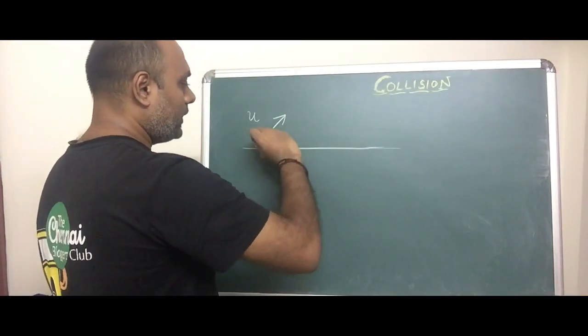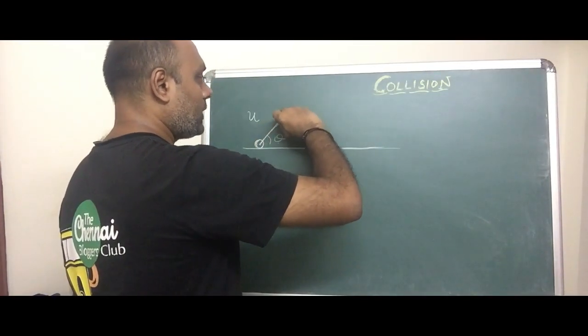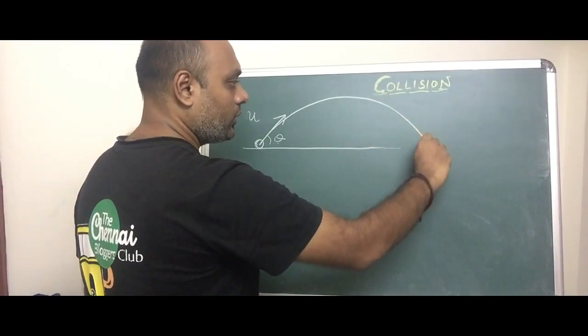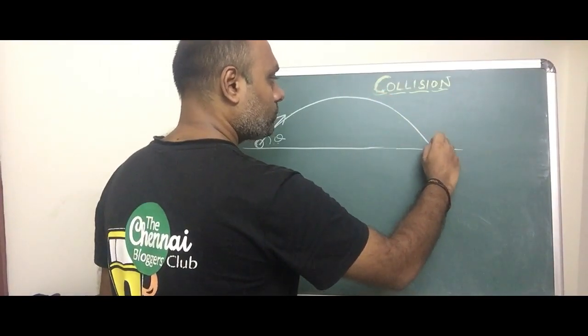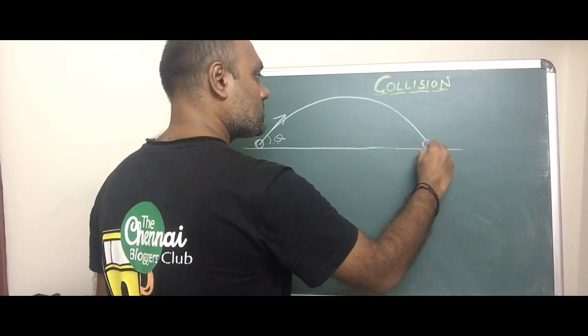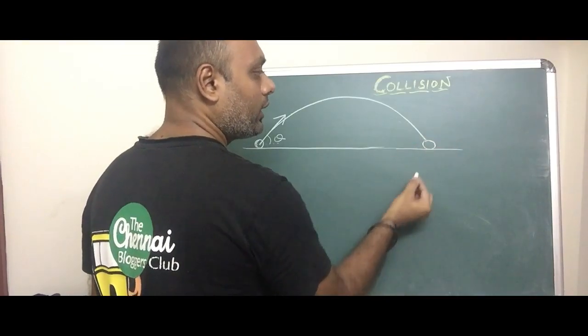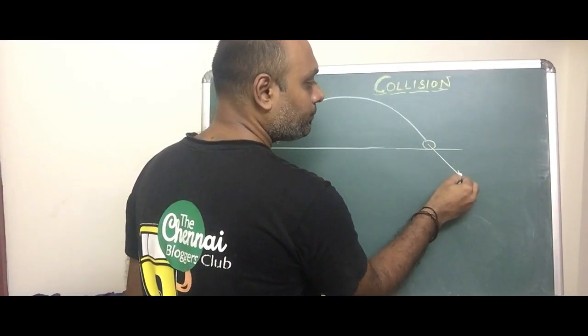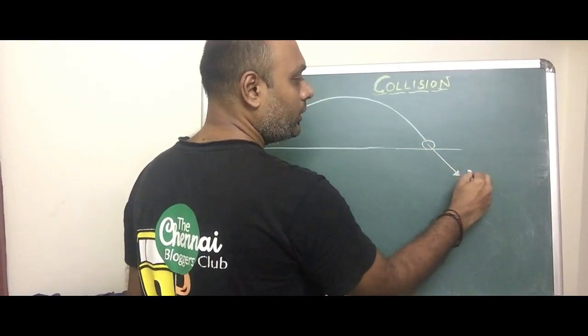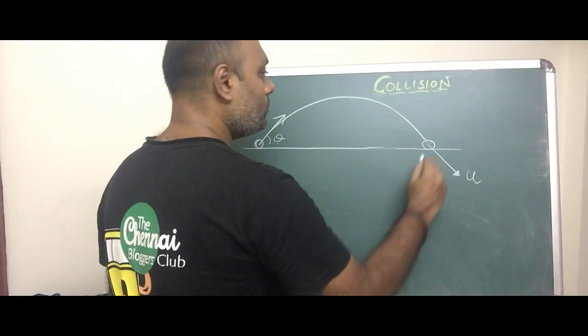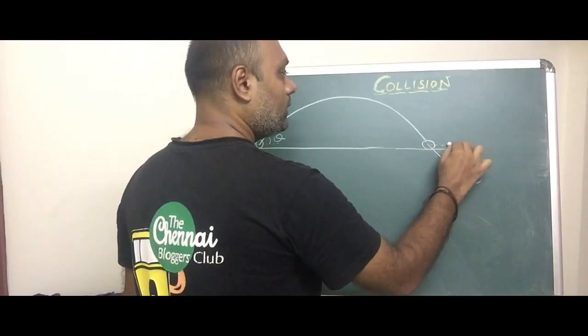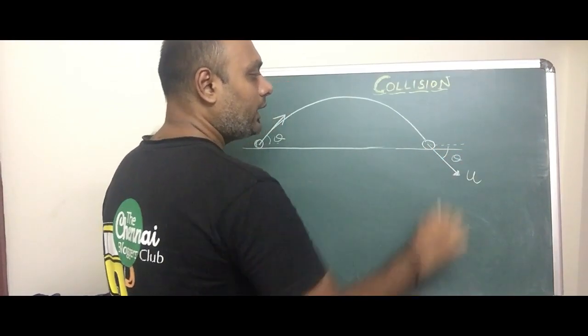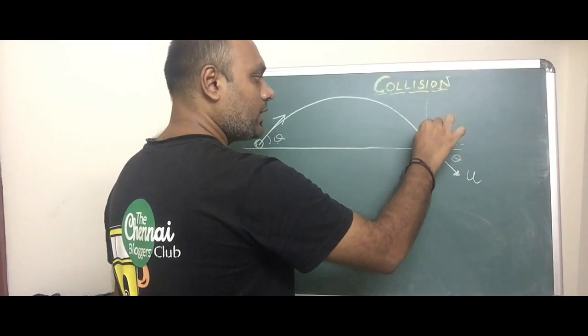Acceleration due to gravity is vertically down. This will travel in a parabolic path and then collide with the ground again. So the collision takes place when the object comes into contact with the ground. The velocity at that moment is u, and the angle will be theta.